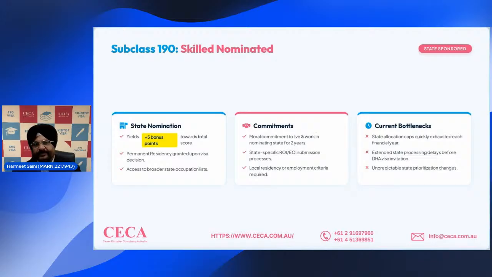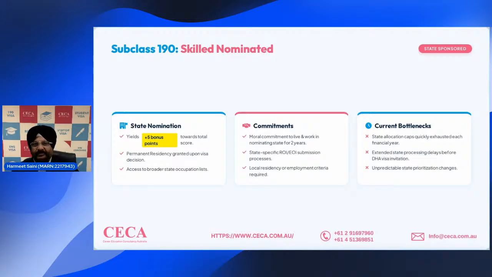Also, there is extended state processing delay before you get the Department of Home Affairs visa invitation. The state checks its priorities and considerations before nominating you for this visa subclass.